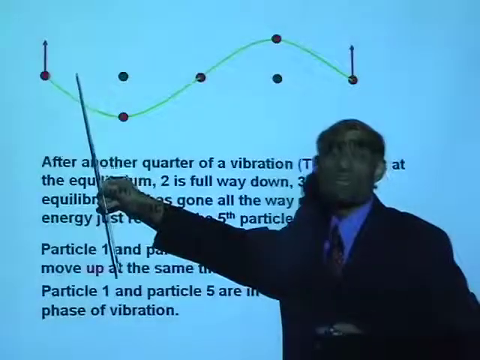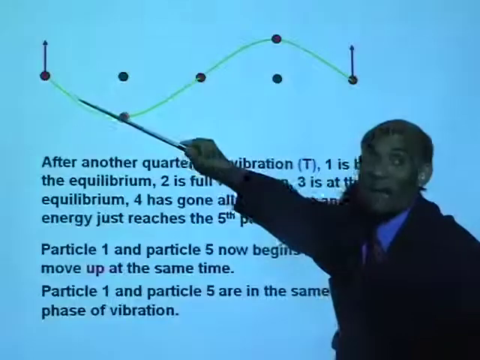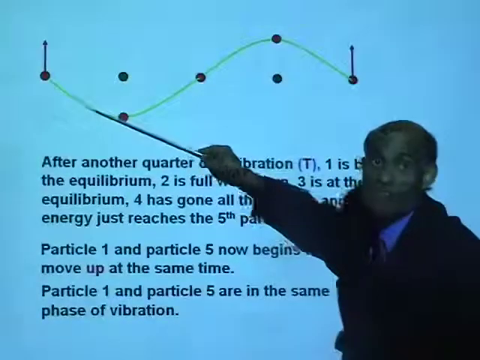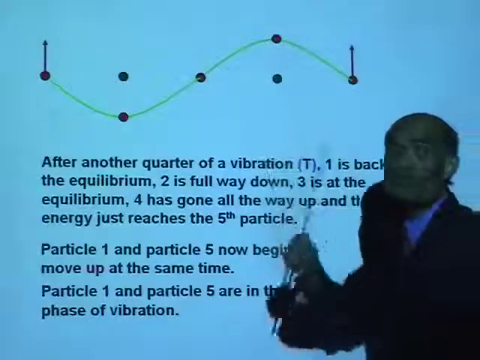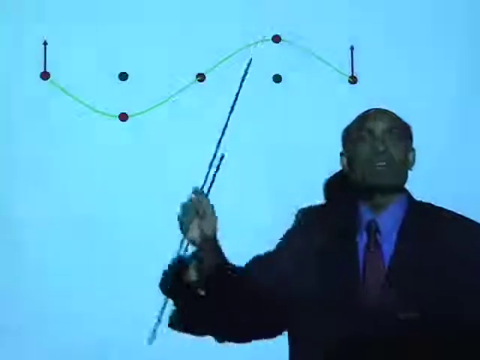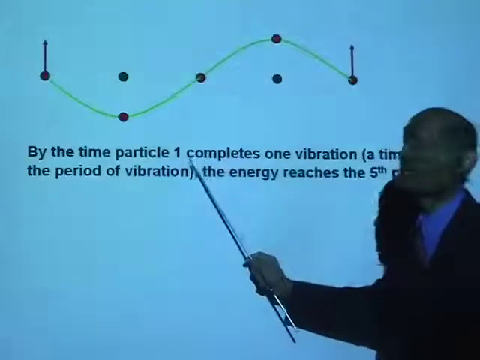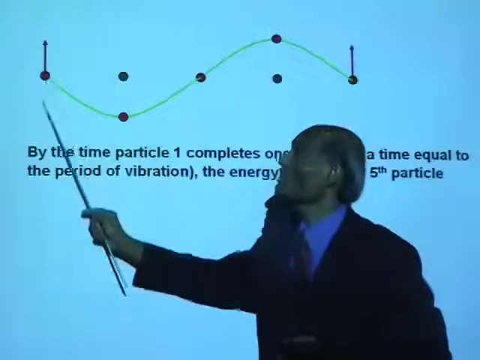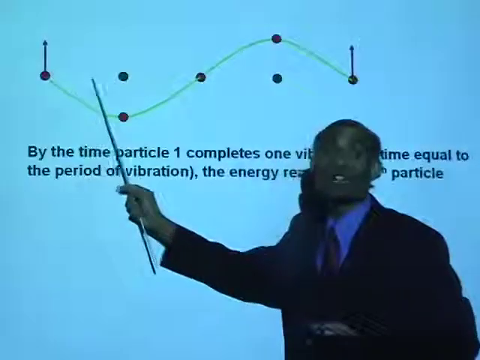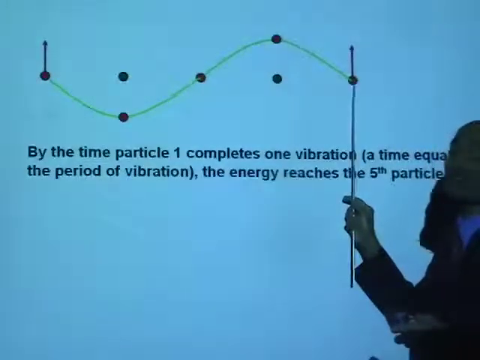You can see the meaning of a progressive phase difference that creates the positions of the particles, the differences of the position that creates the wave profile. By the time particle 1 completes one vibration, look, the energy has reached the fifth particle.